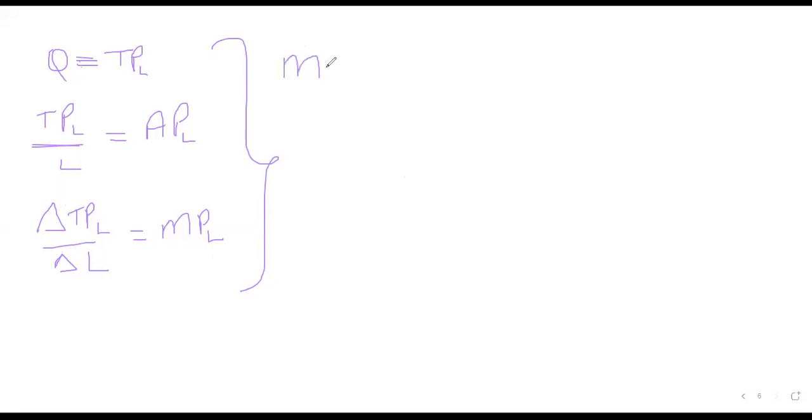So when we multiply our marginal product of labor times the price, what we get is called our marginal revenue product. So we always make a decision to employ whenever our marginal revenue product is what? Marginal revenue product is greater than the wage.